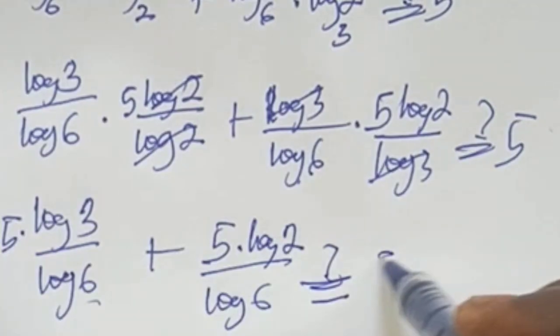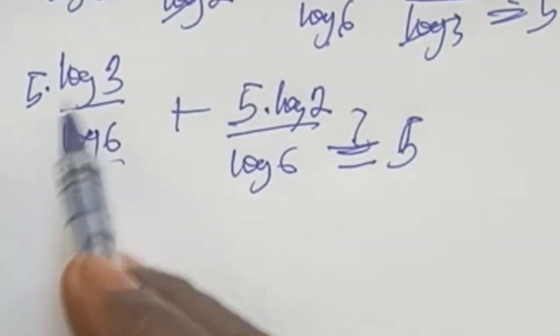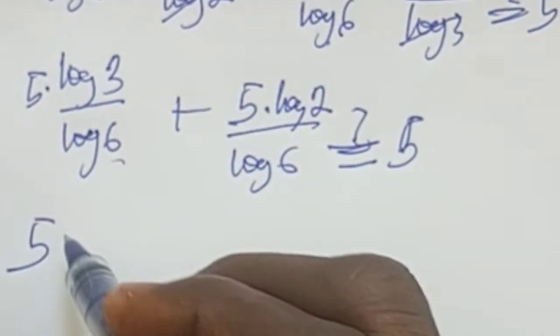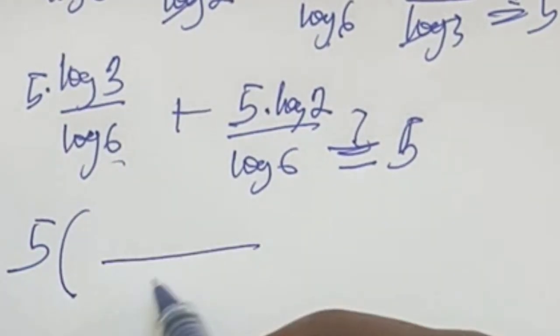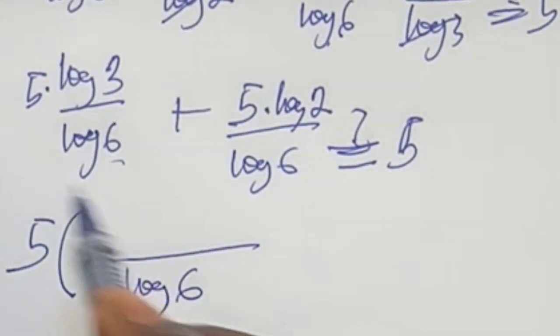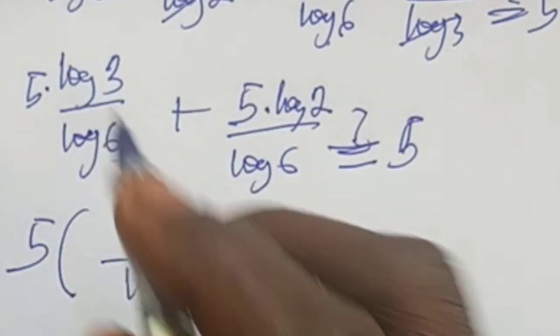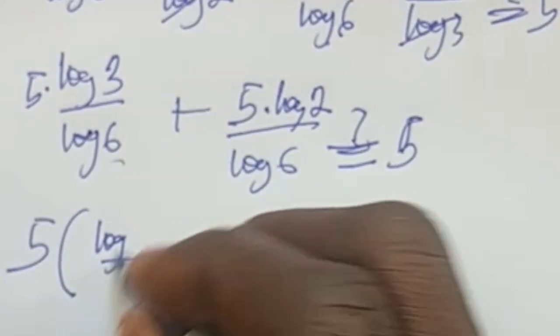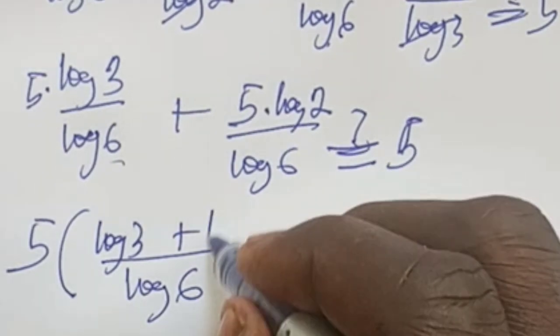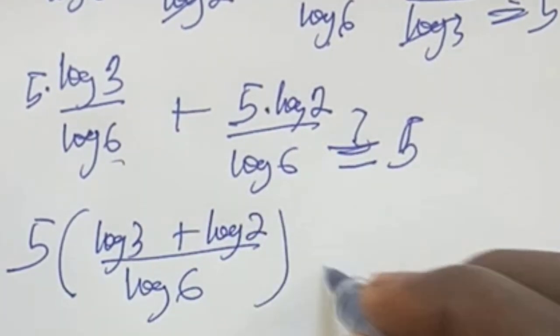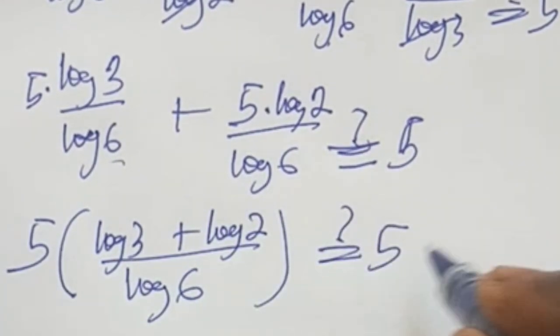We want to see if this will give us 5. And 5 is common, we're going to bring out 5. Open the bracket. What's left here? The LCM is log 6. Log 6 divided by log 6 is 1 times log 3, that is log 3, plus log 6 divided by log 6 is 1 times log 2 also, that is log 2. Close the bracket. We want to know if this will give us 5.